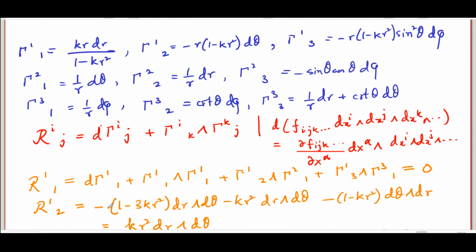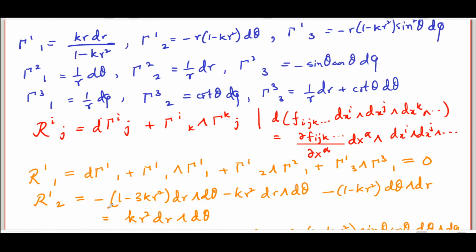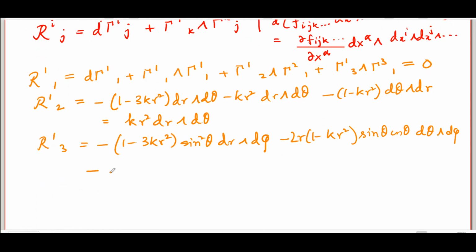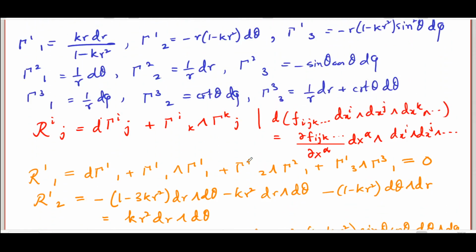So minus kr square sine square theta dr wedge d phi. The order also matters, remember. So dr from gamma 11, d phi from gamma 13. So gamma 12, gamma 23, that comes next. Gamma 12, gamma 23.